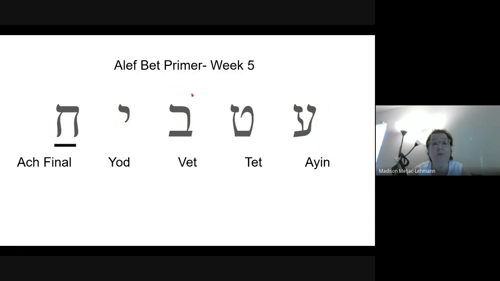This is not the plosive, so vet is its cousin, but this is the V. There are two ways of doing the V sound. Vav can be a sound and a vowel holder, and vet here is just the letter V.